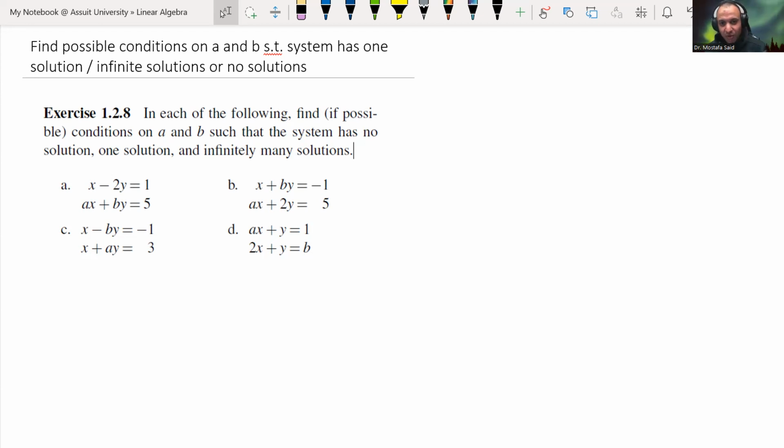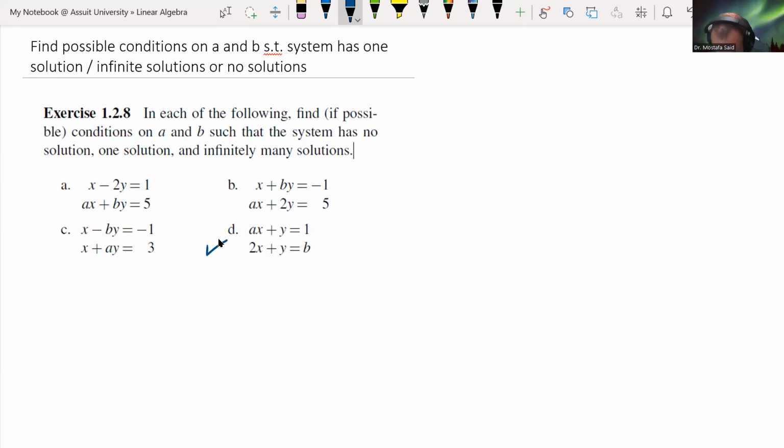Our job here is to find possible values for A and B such that the system has one solution, many solutions, or no solution. We have just four examples in the question. I'm going to pick one of them, which is D, and solve it with you.